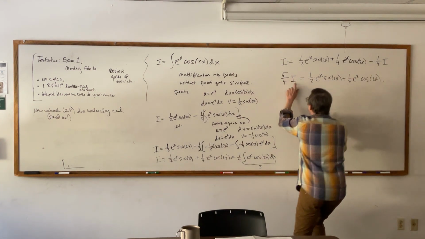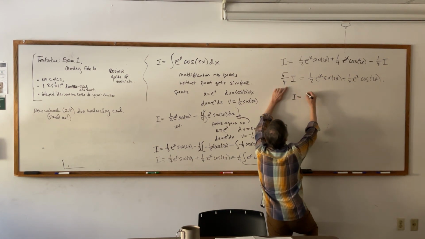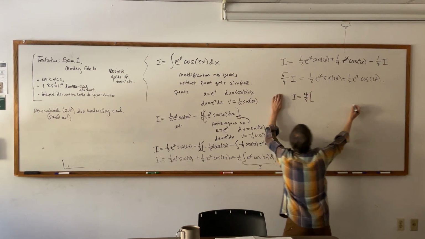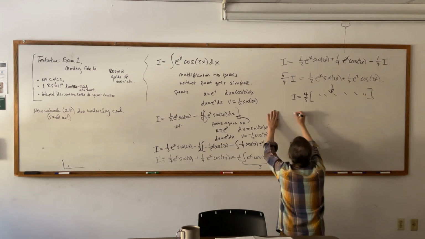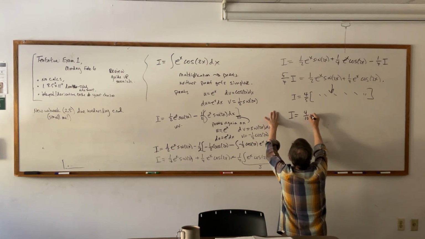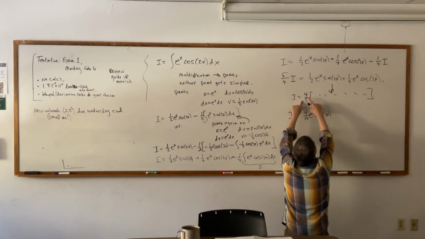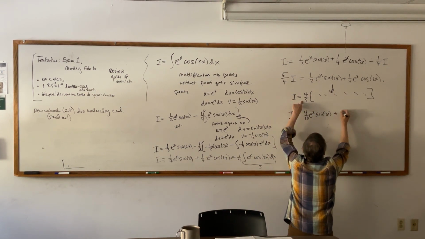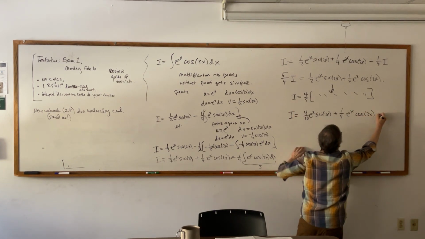So now I'm just going to multiply by 4/5 on each side. So I do that, 4/5 times this stuff. Let's bring it down inside here. So I, the original integral, is 4/10 e to the x sine of 2x. And then notice the 4's will cancel here, plus 1/5 e to the x cosine of 2x, and then plus c.